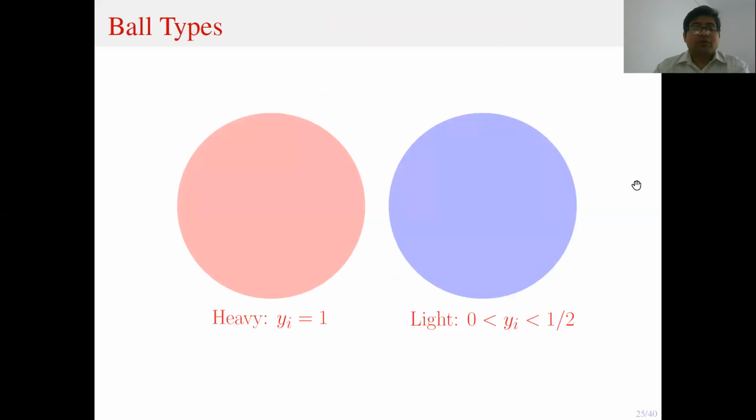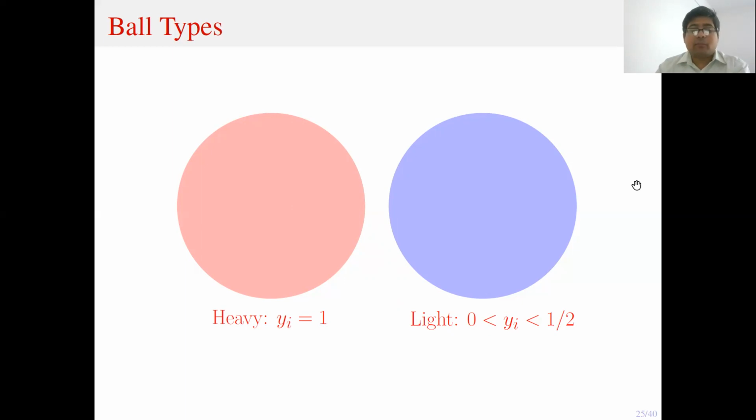Before talking about those ideas, let me make the following simplification. A ball is called heavy if its Y value is exactly 1. And a ball is called light if its Y value is in between 0 and half. Without loss of generality, I can assume that in my fractional solution, I have only heavy or light balls.